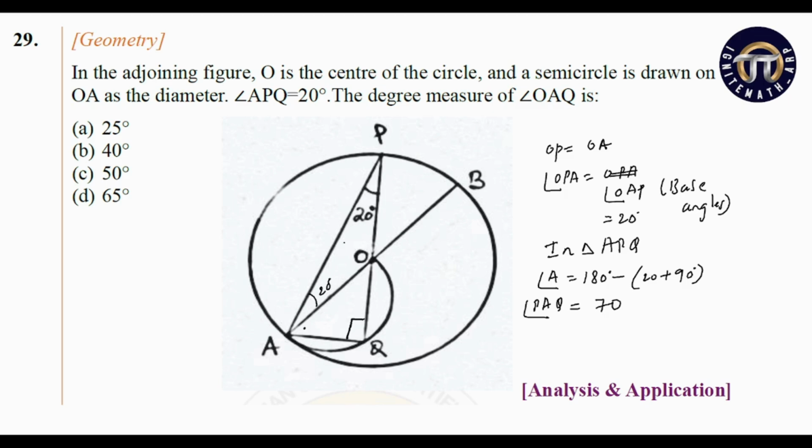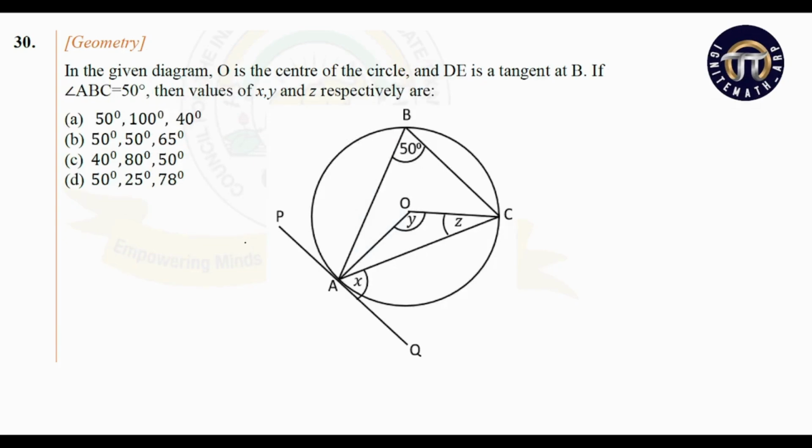Out of the angle 70 degree, this is 20 degree. So this is supposed to be 50 degree. So the angle OAQ is equal to 50 degree. Which is the right option? Option number 3, that is C, is the right option. Clear, children? Let's proceed with the next question now.